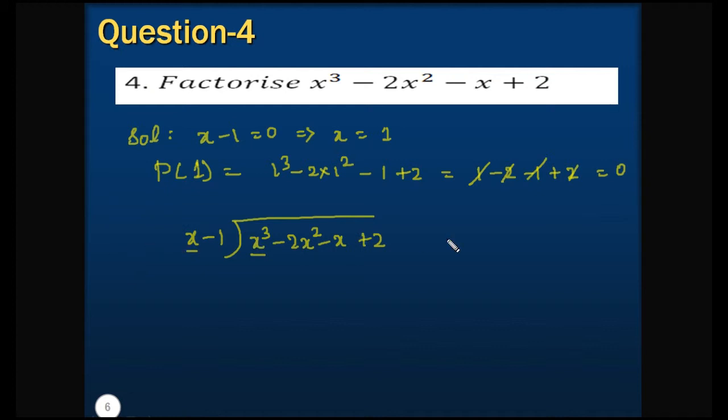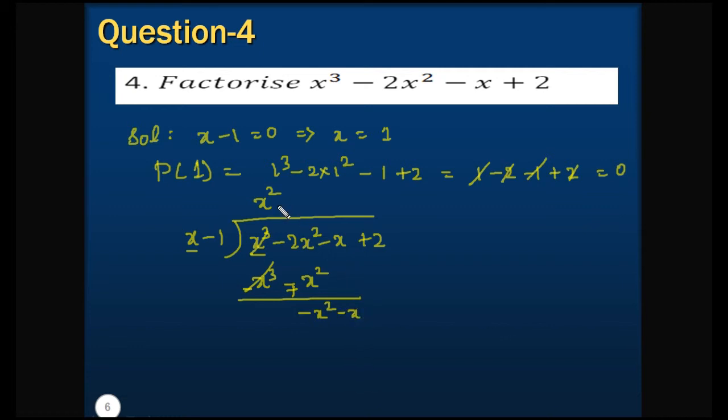So it will be x cube by x, which results in x square. So x square into x is x cube, minus 1 into x square is minus x square. On subtraction, minus and plus, these two will cancel out. Minus 2x square plus x square is minus x square, bringing minus x down.